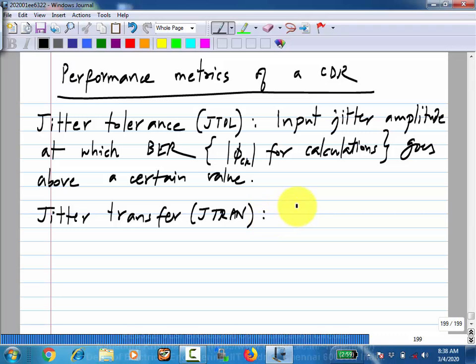This is how much of the input jitter gets transferred to the output. You will specify this by knowing the input jitter, knowing the transfer function, and finding out the output jitter spectral density or the variance and so on. This is essentially the transfer function, phi ck by phi d, right?